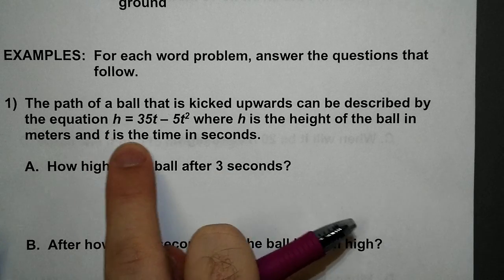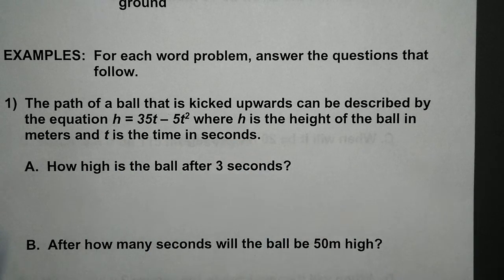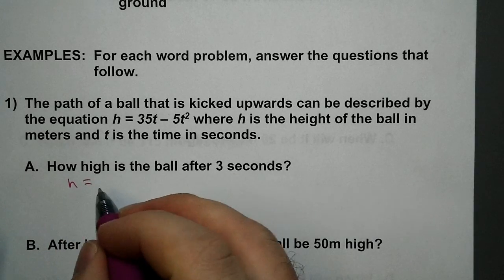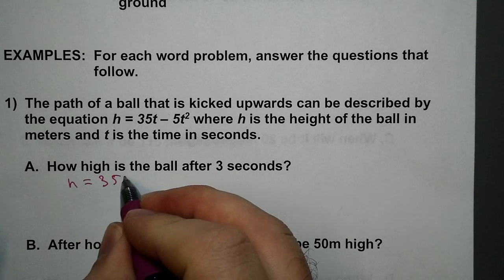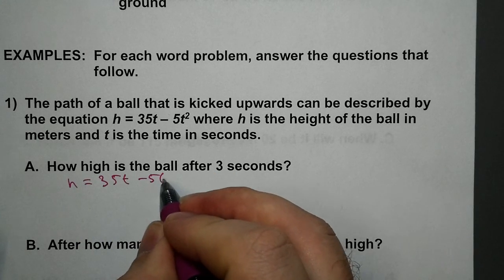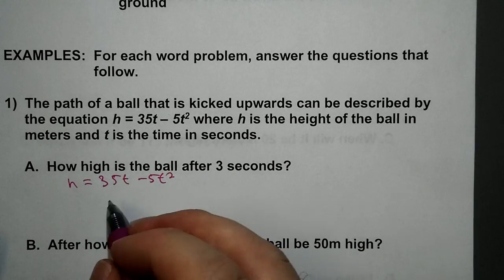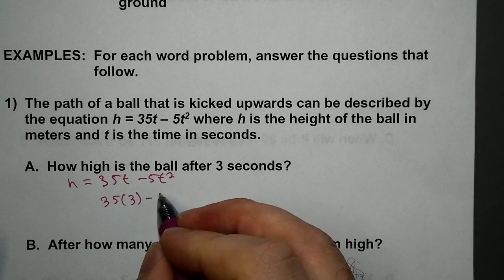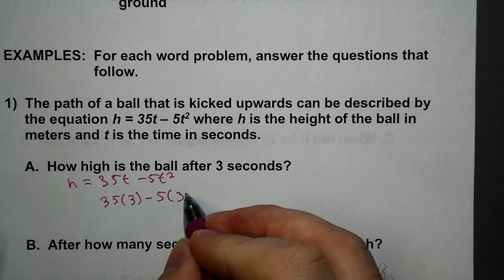Well, time, the t, is in seconds, so all we have to do is take our equation and plug in 3 for that t. So 35 times 3 minus 5 times 3 squared.